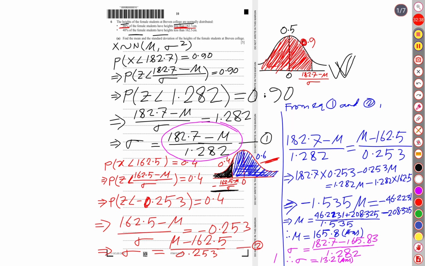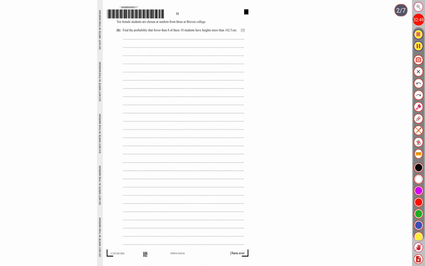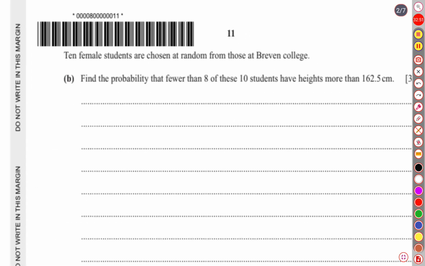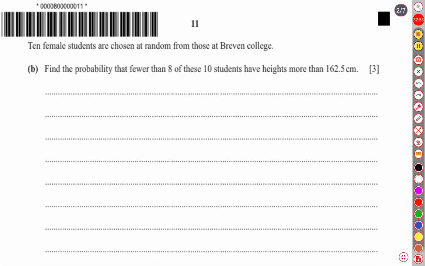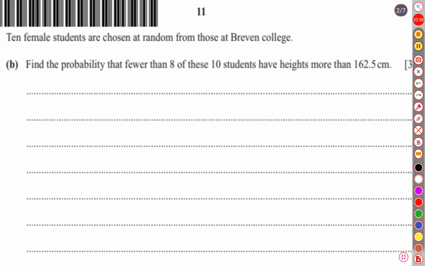So this is how you can do the solution. Well, it's time to move on to the immediate next question. That question is on the next page. It says 10 female students are chosen at random from those at Breven College.